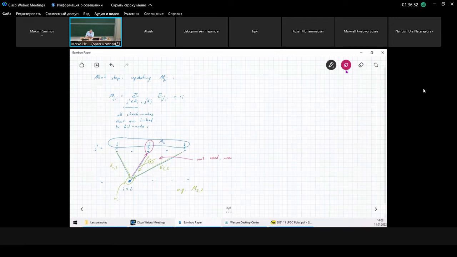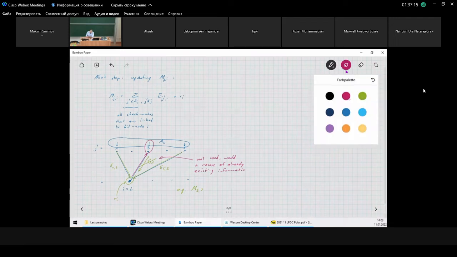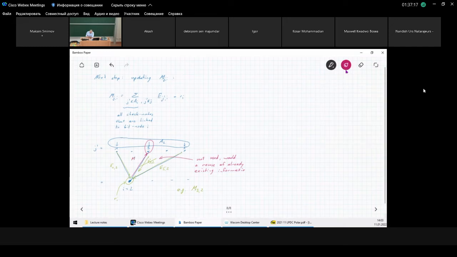That would be reusing already existing information. So this would be the red guy, the MJI.